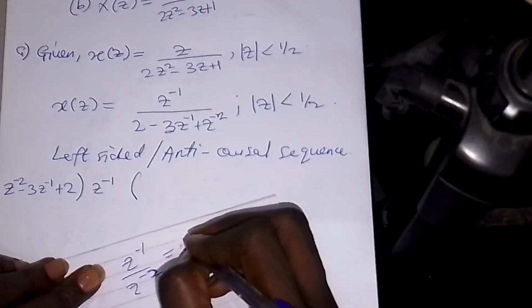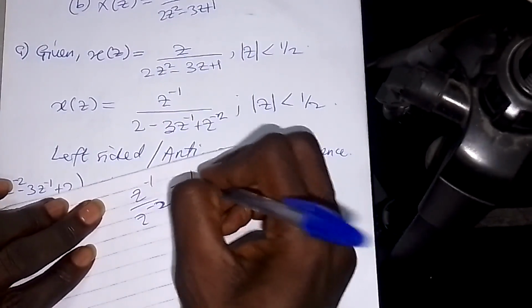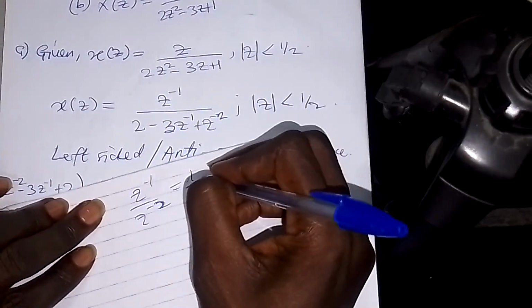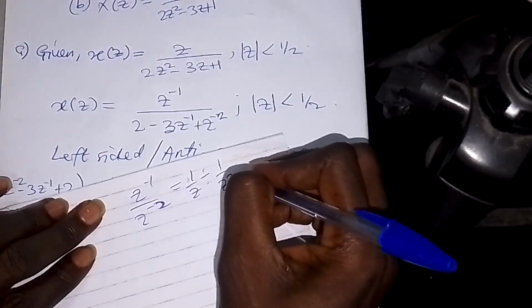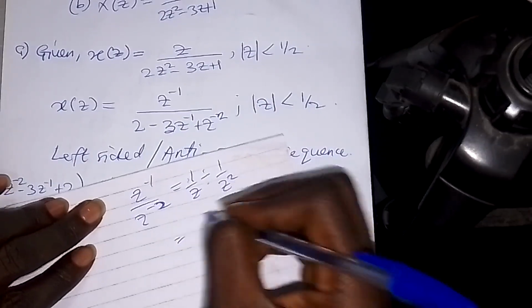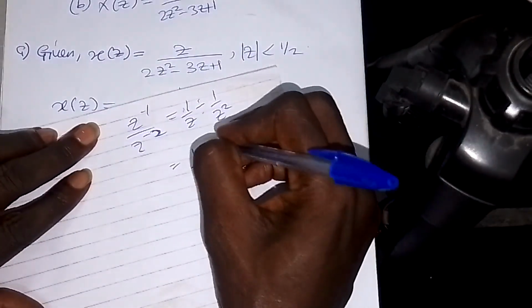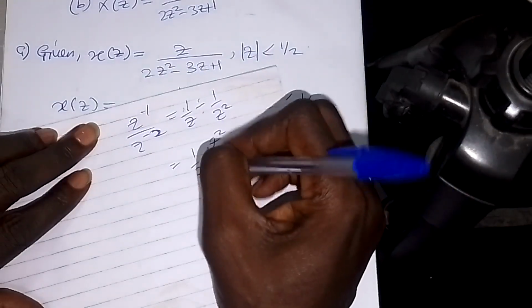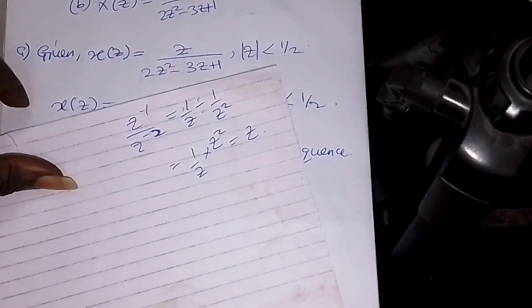I'm going to get 1 over z divided by 1 over z squared, which is equal to 1 over z times z squared, which is equal to z.